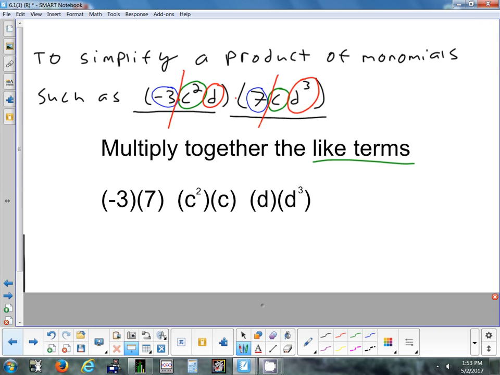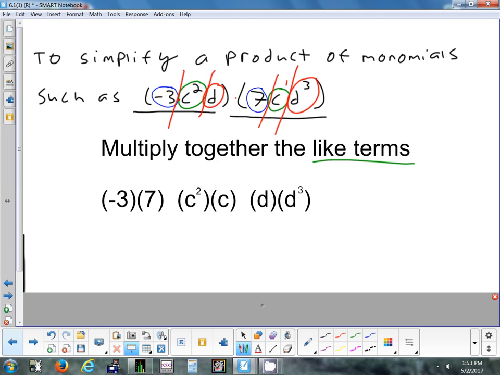So this C to the second is separate from that D. This C to the first, because there's no exponent there, is separate from the D to the third power. So sometimes I go through and separate the numbers from the variables with the exponents. And sometimes we may get into stuff where these whole numbers have variables. The number or the variable with the exponent is always separate. The different variables are always separate. So you can think of it that way too.